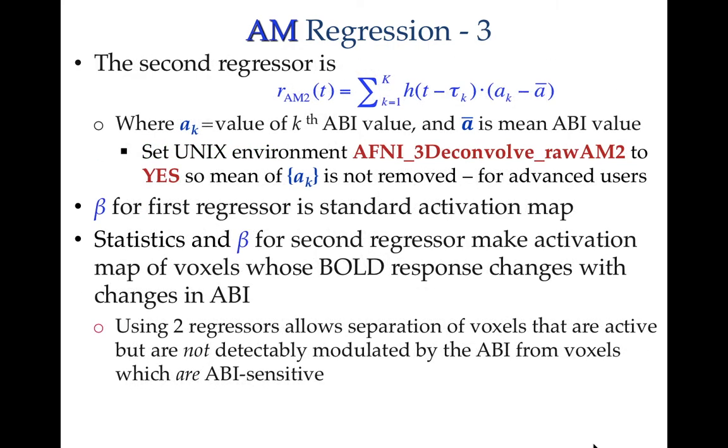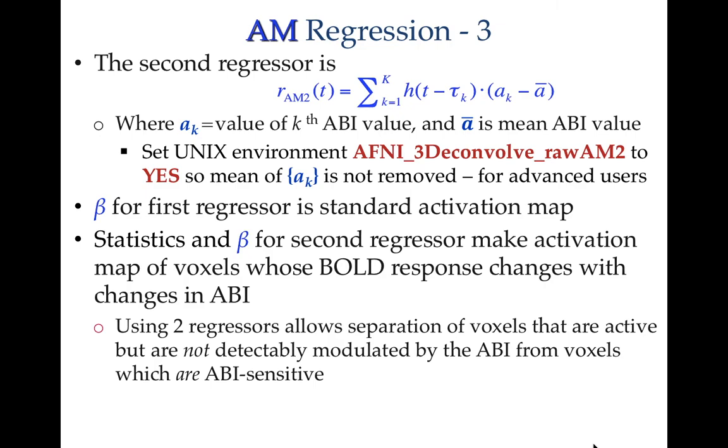This second regressor, whose formula is given above, there have to be formulas. It's a computer program that does math. So that is the sum over all the times for the stimuli, which are here symbolized by the Greek letter tau sub k. The hemodynamic response h of t is set to start at t equals tau sub k.